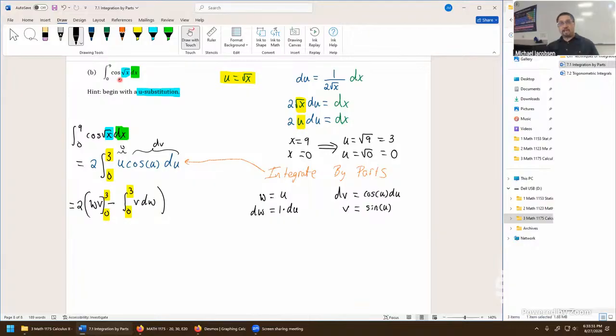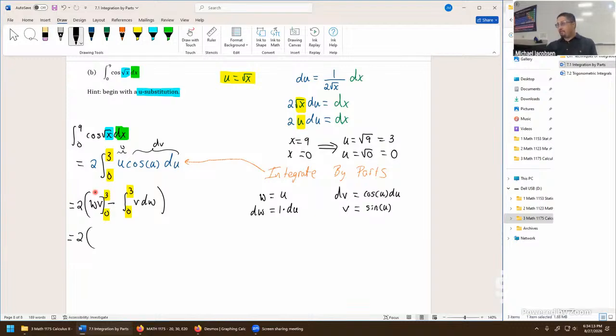Cosine squared of x, that would be a really hard one to reverse engineer without going this method. I don't know how I would do it without that first u substitution. But now down here, it's all just a matter of plug and play. We have 4 components. We're going to plug them in exactly this order and get a result out.